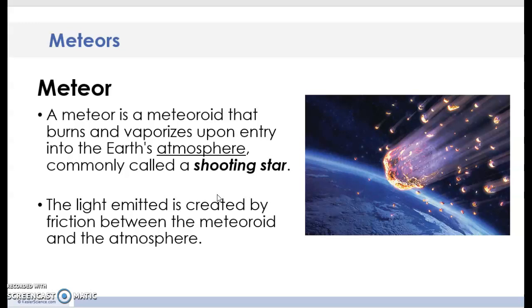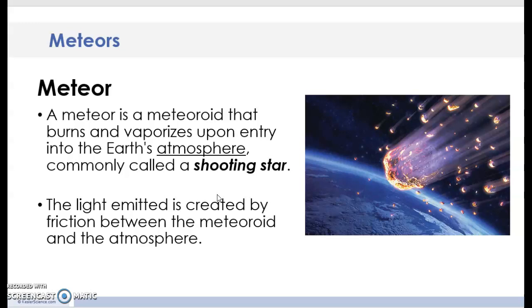Okay? A meteor, though, is a meteoroid that has entered the Earth's atmosphere. They start to vaporize and you'll see them burn up. This is what we call shooting stars. Those are not actual stars shooting across the sky. They're not burned up stars. What you see sometimes when you see a shooting star, it's a fragment of an asteroid or comet, which we call a meteoroid, that has entered the Earth's atmosphere.